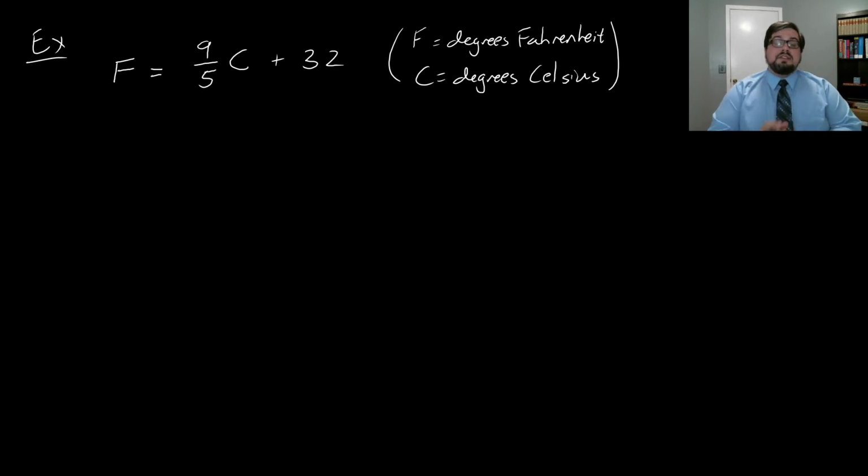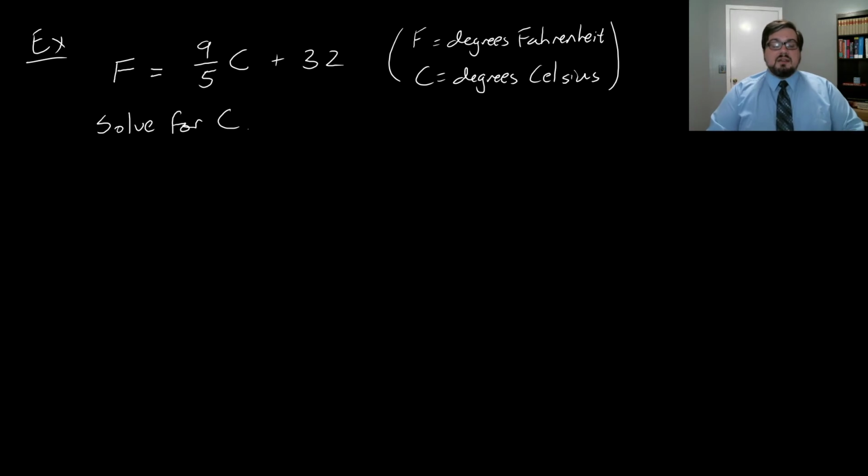And currently this formula is solved for F. If I asked you to solve this formula for F, then you'd just give me right back exactly that equation and you'd be done. We can do a little bit better, of course, and I can ask you for something else, and I can ask you to solve for C.